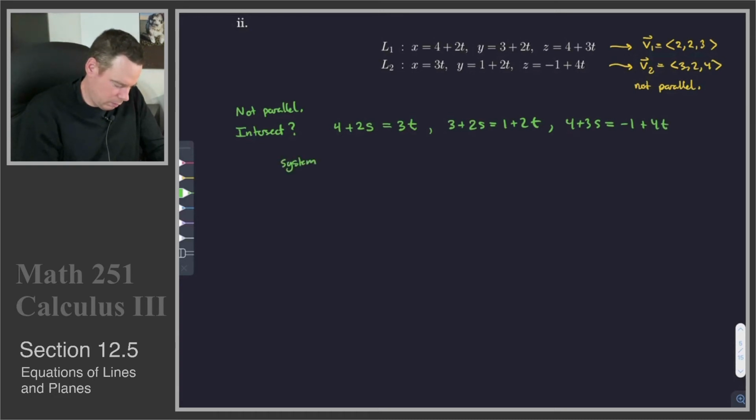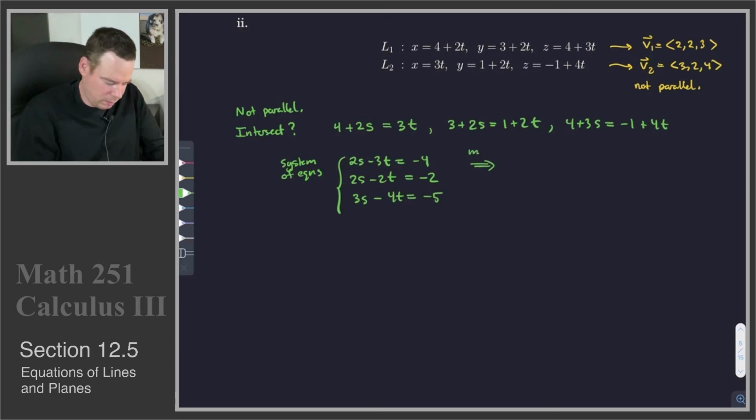So the system of equations is going to be 2s minus 3t is equal to negative 4. 2s minus 2t is equal to negative 2. And 3s minus 4t is equal to negative 5.